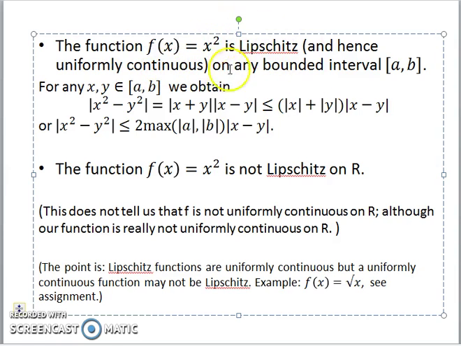To check Lipschitz continuity, f of x minus f of y turns out to be mod of x plus y into x minus y. For x and y belonging to a closed interval [a, b], mod of x plus y can be bounded by 2 into the maximum of mod a, mod b. Taking this to be L, we have mod of f of x minus f of y less than or equal to L into mod of x minus y.